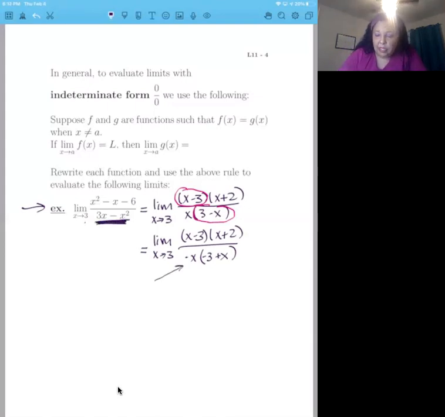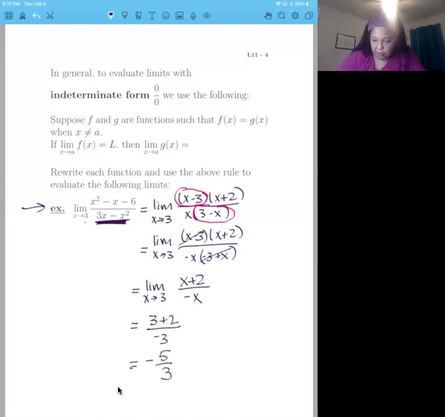But now, since I have a -3 plus x, that's the same thing as x minus 3, and I can cancel. I rewrite it without those factors, and I get x plus 2 over -x. Now, if I plug in 3, I don't get a 0 in the denominator, so I can do a direct substitution. I have 3 plus 2 in the numerator and -3 in the denominator, and I get -5/3.